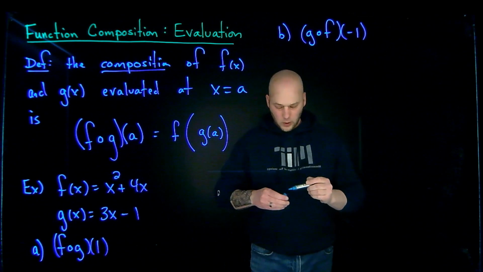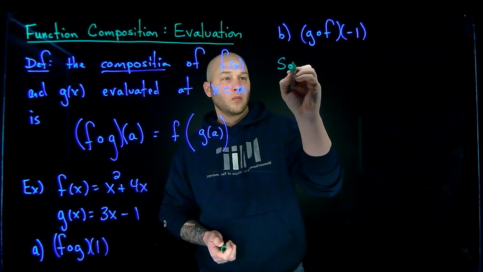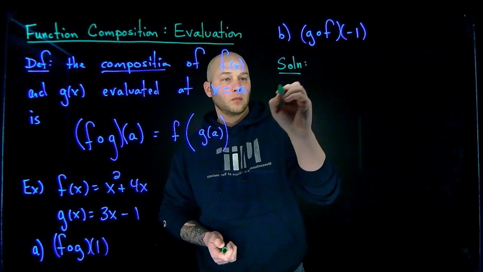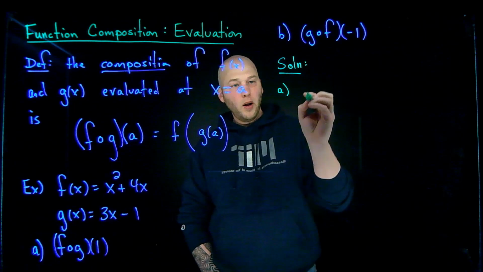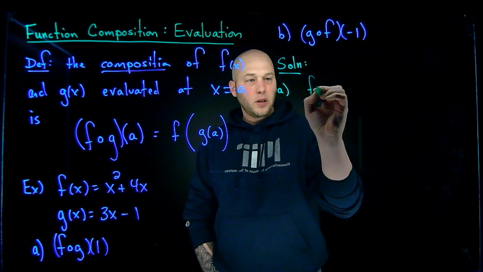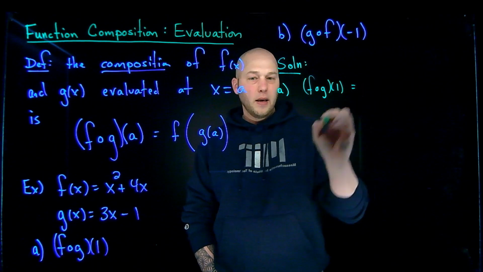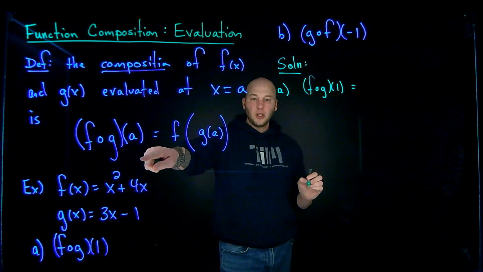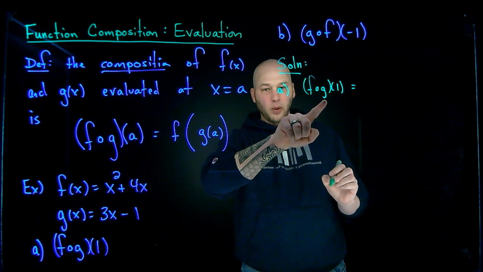Okay, so how do we do that? Okay, solution. F composed with g of 1. So again, let me write the notation that was stated initially, f composed with g of 1. Now I'm going to go to my definition here, and this says that I take the number 1 and I start by plugging it into g.